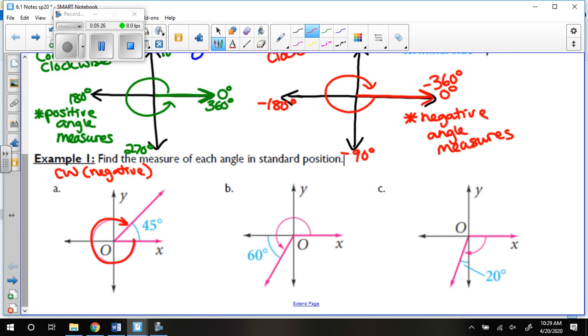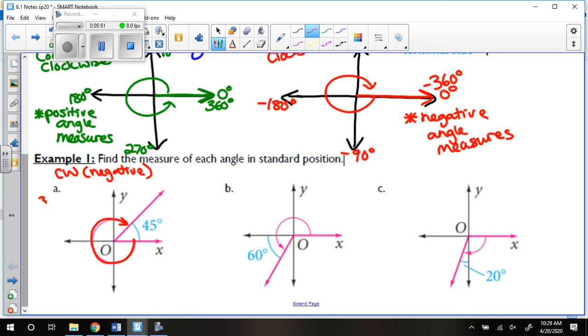Okay, now this angle is going through the fourth quadrant, through the third quadrant, through the second quadrant, and then into the first quadrant. It doesn't go all the way around because we have that 45-degree measure that says we didn't go all the way around, we stopped 45 degrees shy of all the way around.